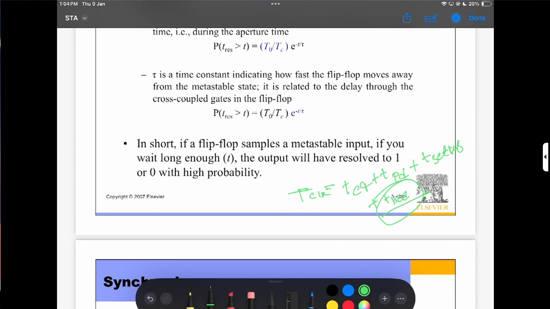It makes a decision to hold the position in either 0 or 1, but not in both. So either 1 or 0, it holds the value, and that is the recovery time.